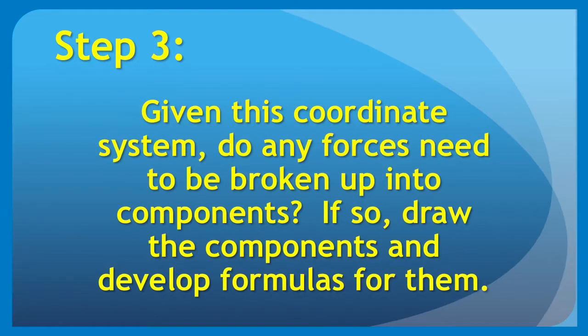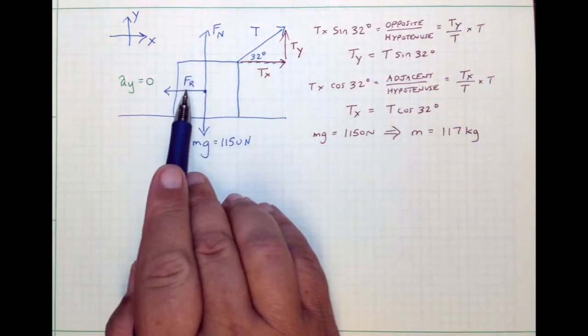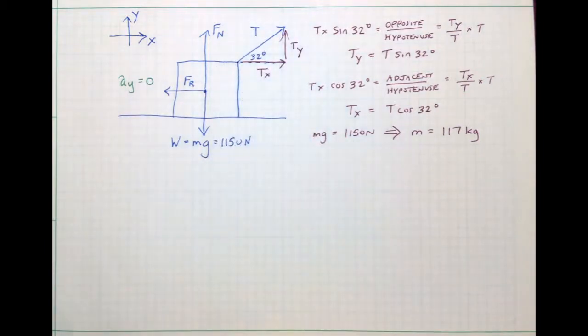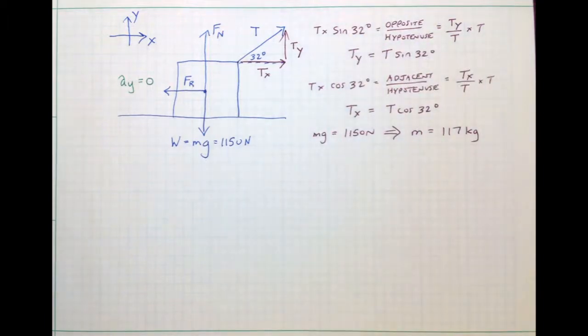The third step is to decide if any forces need to be broken up into components and to write out formulas for those components. The addition of the friction force doesn't really change the situation for step 3 because the friction force is purely horizontal. We still only have one force that needs to be broken up into components, and those formulas are the same. Please refer to the previous video for how we derived these formulas.